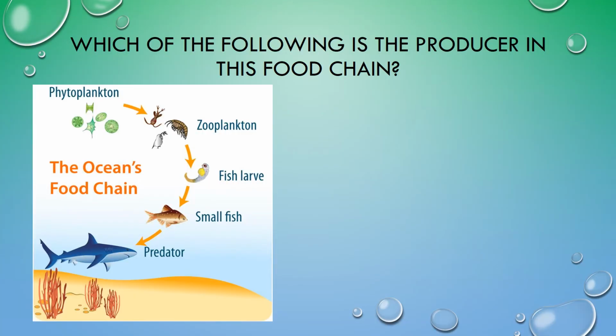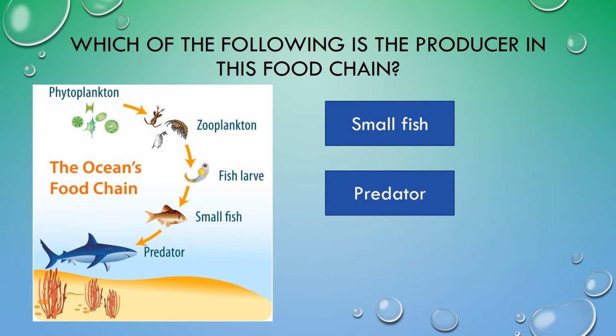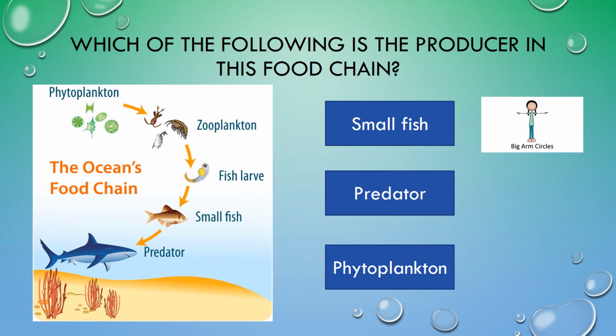Let's take a look at this food chain. Which of the following is the producer in this food chain? Is it the small fish? Is it the predator? Or is it the phytoplankton? If you think the producer is the small fish, you're going to do arm circles. If you think it's the predator, you're going to do sky punches.